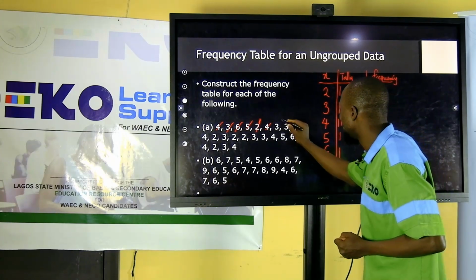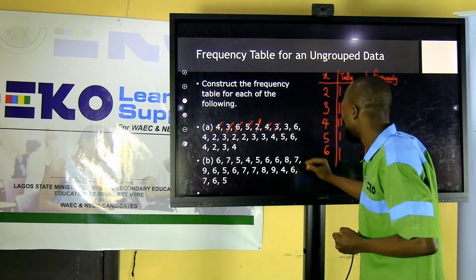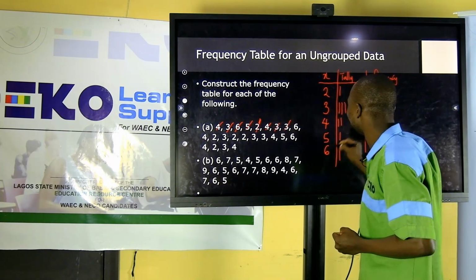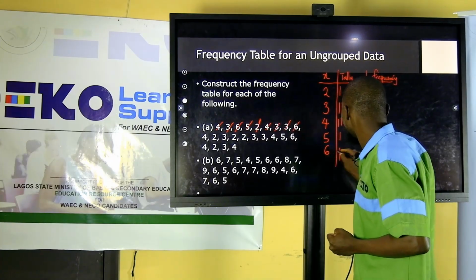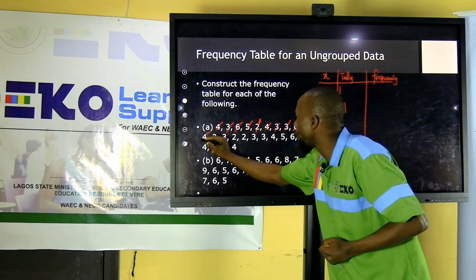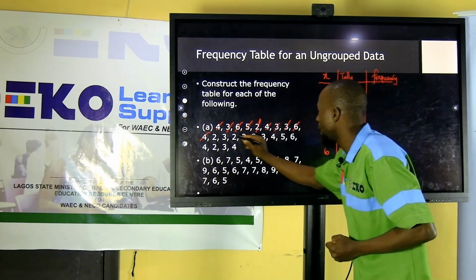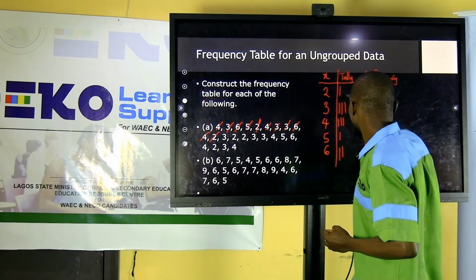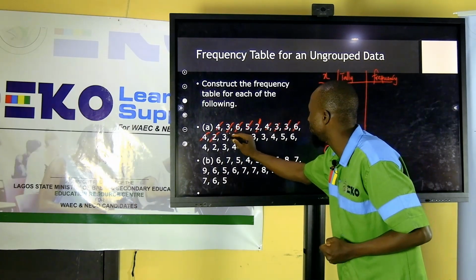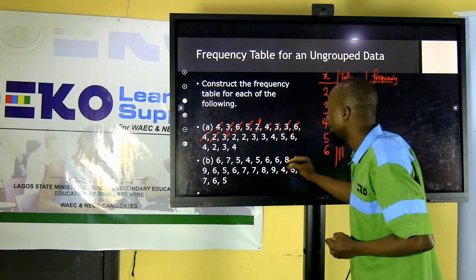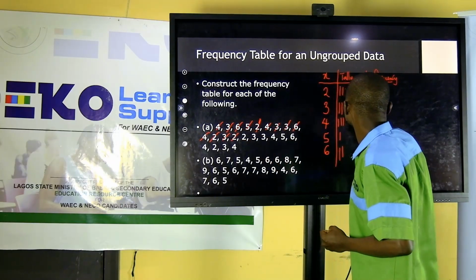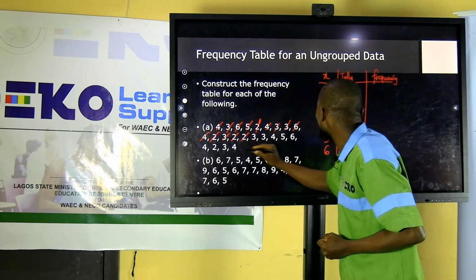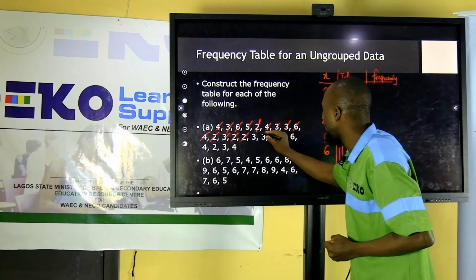I have 3, and another 3. I have 6. This is 4. I have 2, this is 2. I have 3, this is 3. I have 2, and another 2. I have 3.